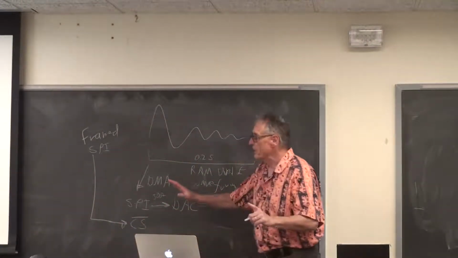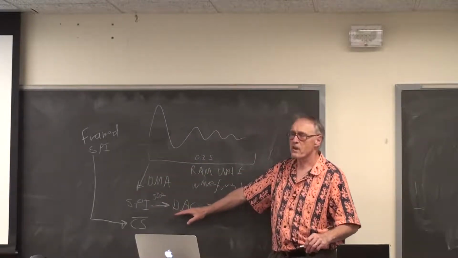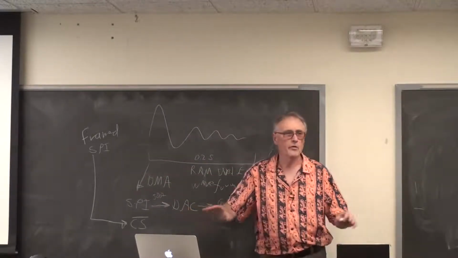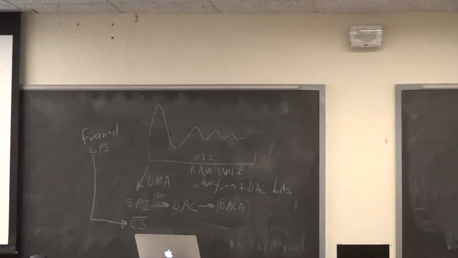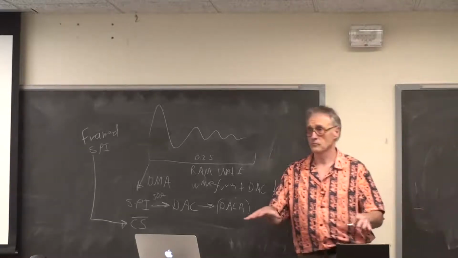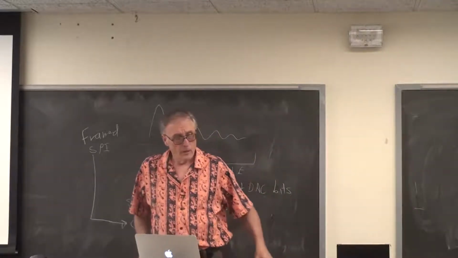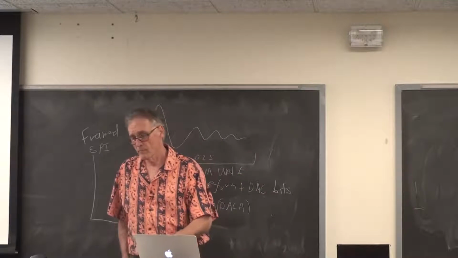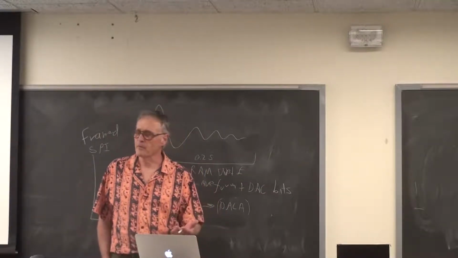So the whole point here is to copy a big waveform to an SPI channel with no CPU, so you can use the CPU in parallel to do something else. So this is hardware parallelism. You can use this DMA capability for all kinds of things.